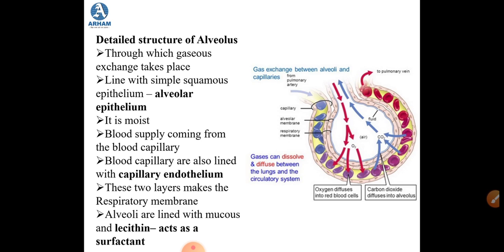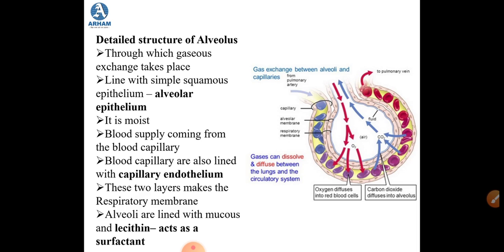It is moist, which fulfills the first feature of the respiratory surface, that it should be moist so that the oxygen is nicely dissolved in that moist matter and then taken in easily.